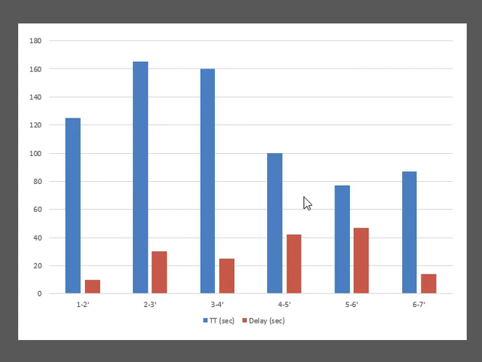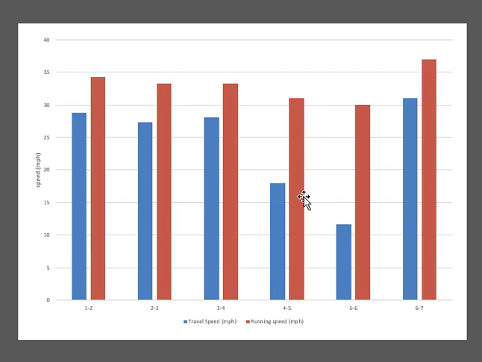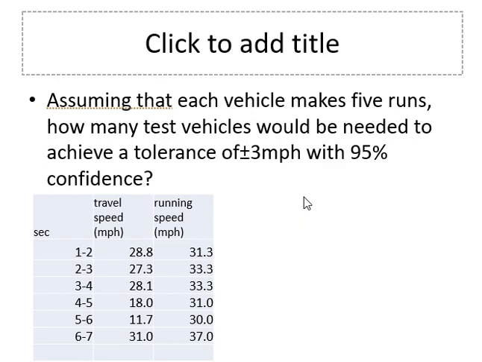So if you want to find out the problematic section, we don't look at the travel time only. You have to consider how much is the delay, because travel time could be because of the length of the road and what else? Speed.